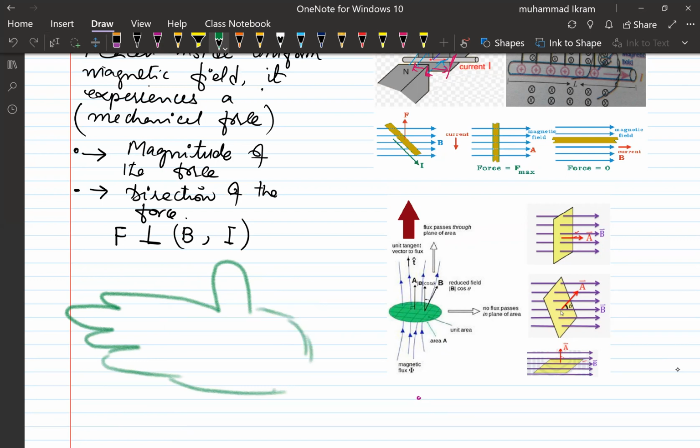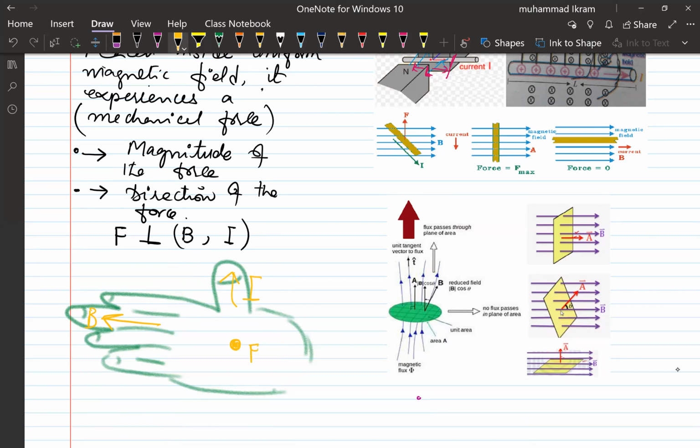So here the fingers will point in the direction of the magnetic field B. The thumb in the direction of the current, then the palm will be the direction of the force.